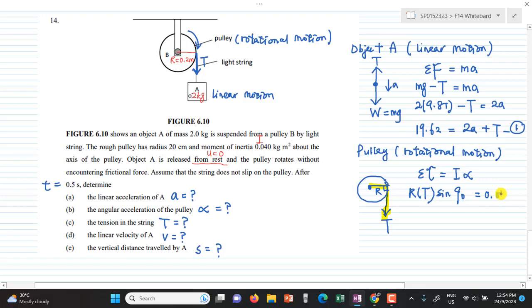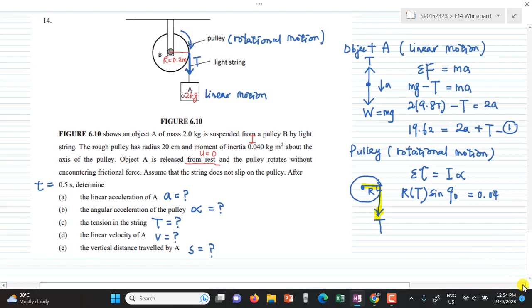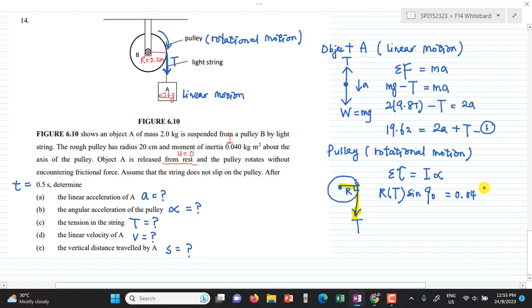The moment of inertia for the pulley is 0.04, and this angular acceleration alpha we can relate with the linear acceleration a, whereby alpha is a over r. Then I put in all the values. r is 0.2, tension T, sine 90 is 1, so 0.2T equals 0.04 divided by 0.2 times a.